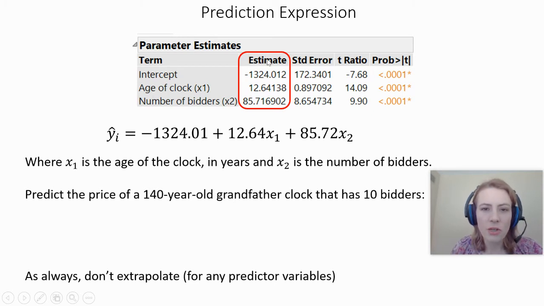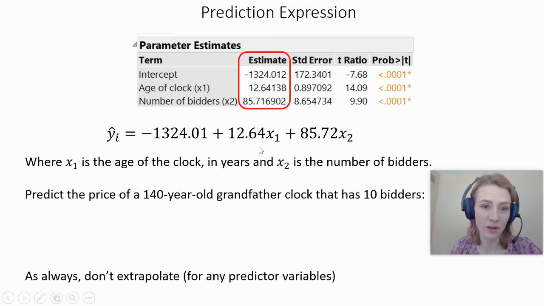So the column called estimate, these are the estimated parameters. So for intercept, that would be the B naught. So remember the expression with the y hat. So we're predicting here a value of y. The first number would be the y-intercept. So that's going to be this first estimate next to intercept. Then our next estimate is an estimate for beta 1.